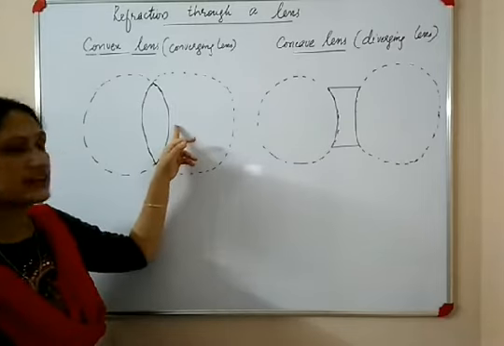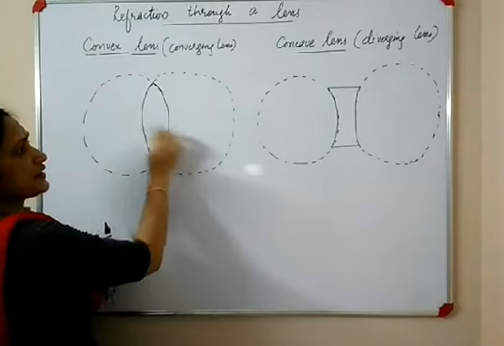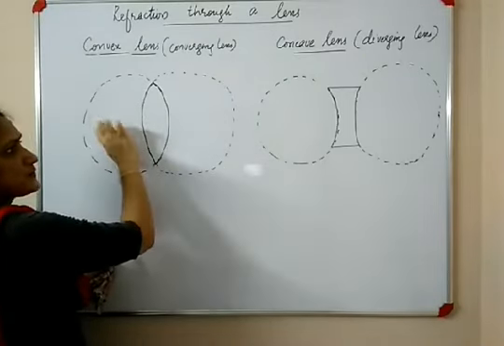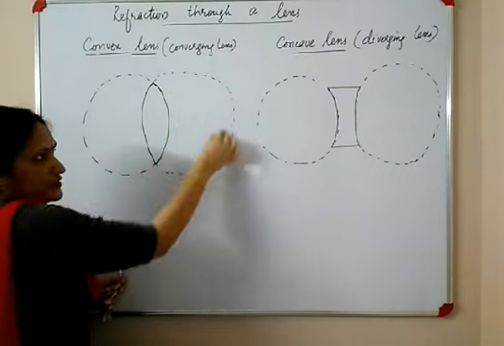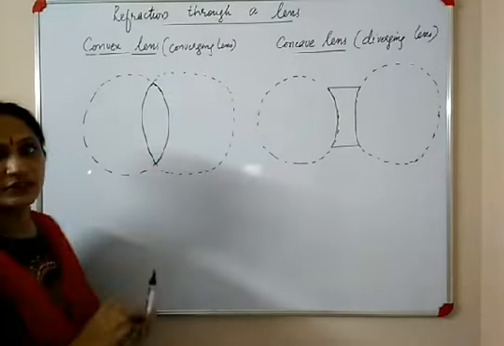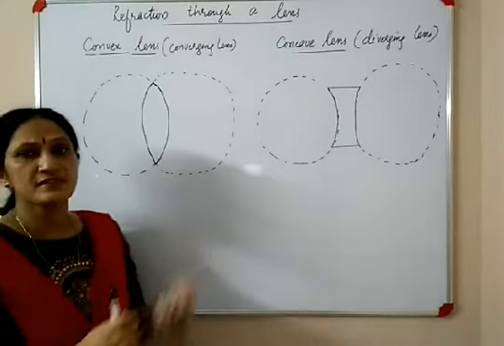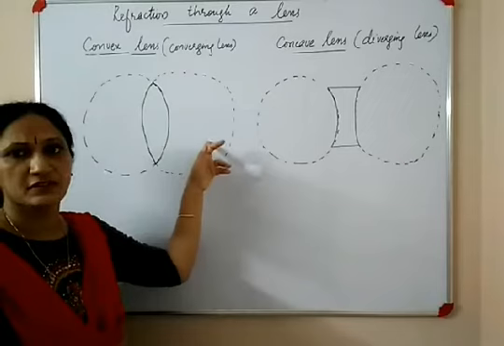These two surfaces are parts of two spheres. For example, the first surface is part of this sphere and the second surface is part of another sphere. So a convex lens is assumed to be a part of two spheres.